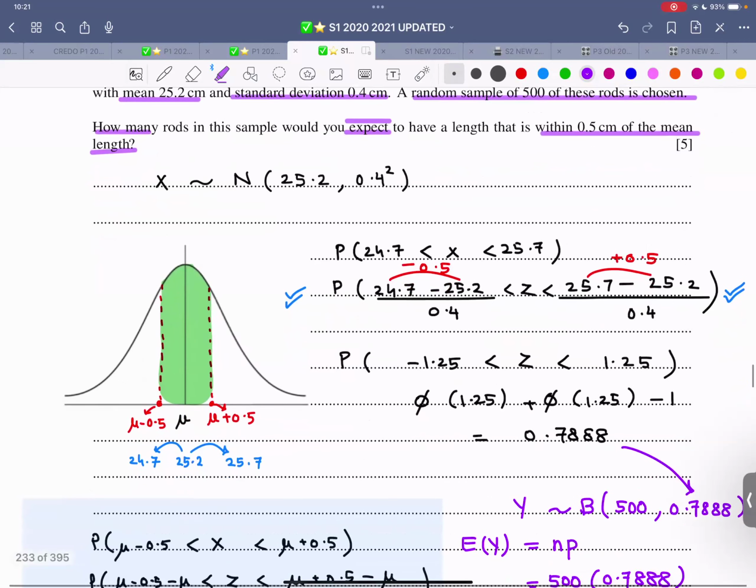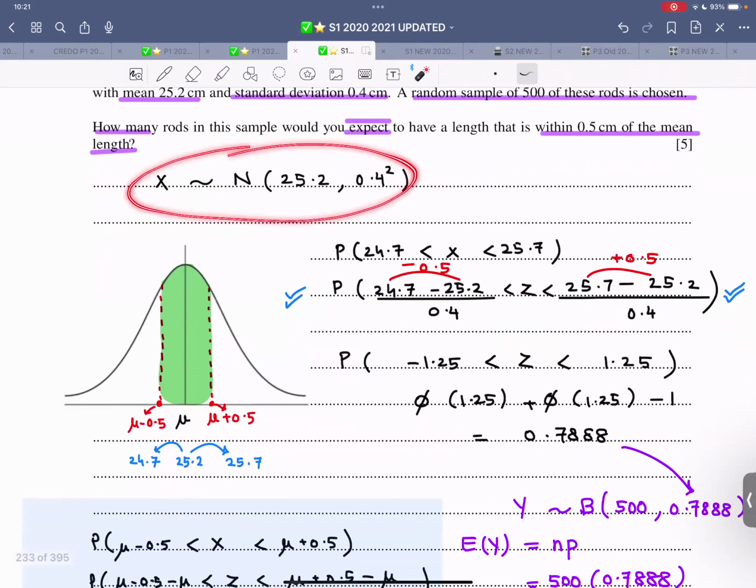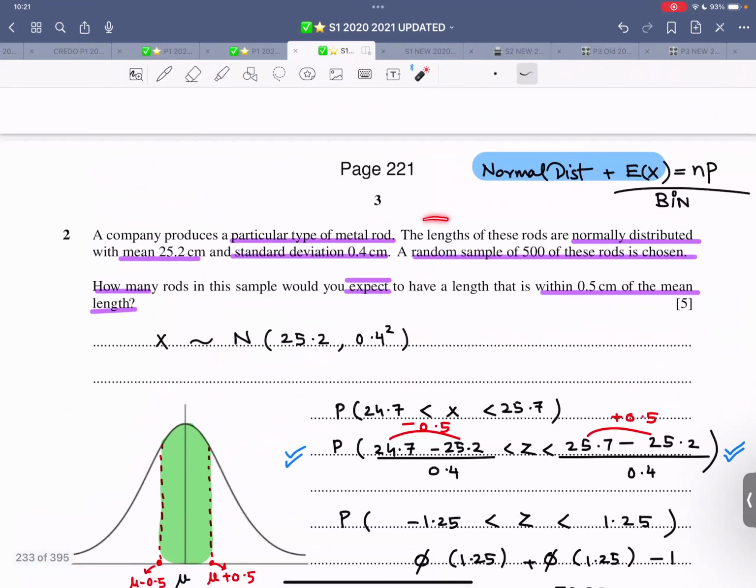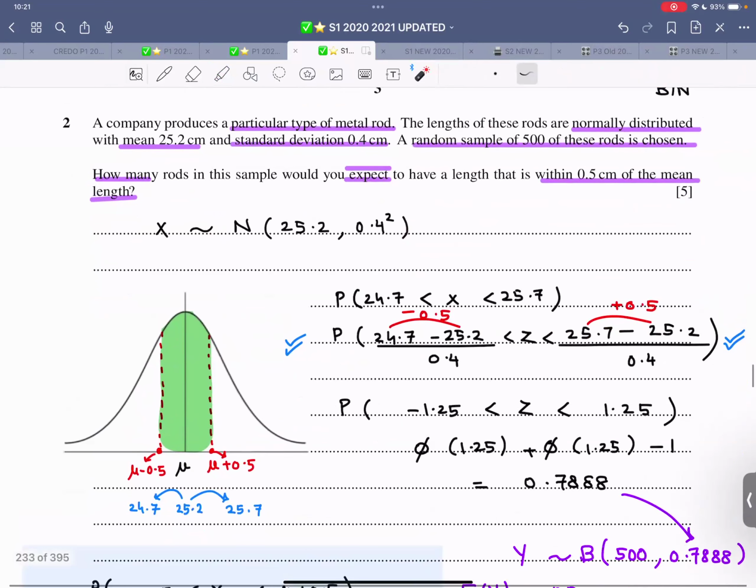Now, first of all, what we do in these questions is that we state the distribution. X follows normal distribution. What is X? That is the length of these type of rods. It follows a normal distribution, 25.2, 0.4 squared, and within 0.5 centimeter of the mean.